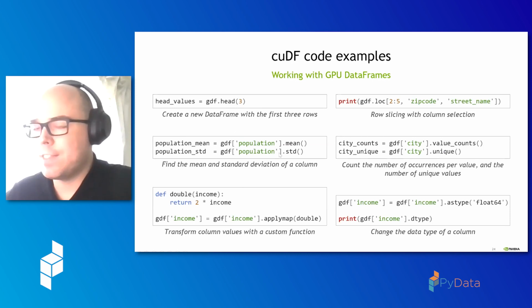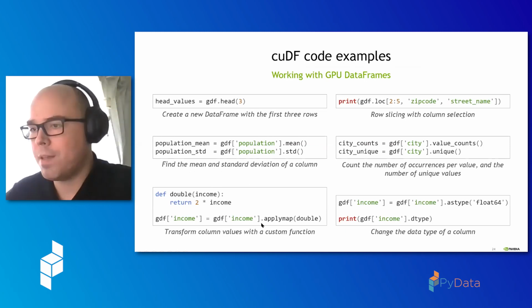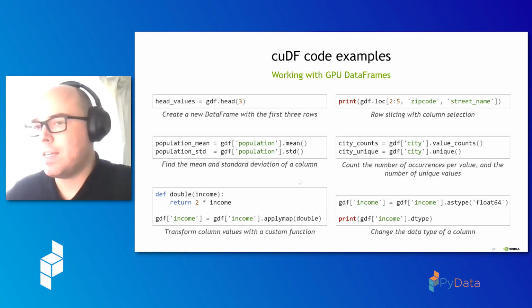Again, identical syntax to what you would expect. And this is an example of map with a custom function. Again, it's an identical syntax. This is a row slicing function. Again, identical syntax to what you would expect.